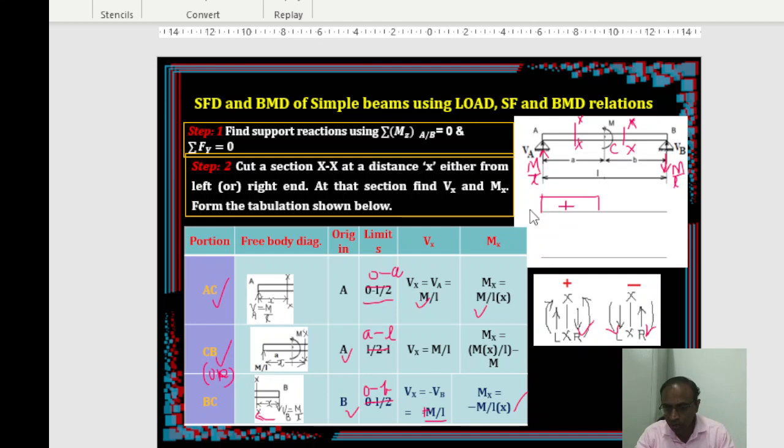So keep it like that. Now, for the other portion, in this expression put lower limit 0, upper limit B. It does not vary with X, so straight away here also the same value, M by L. So you can extend that till the end. So this is your shear force diagram, SFD.